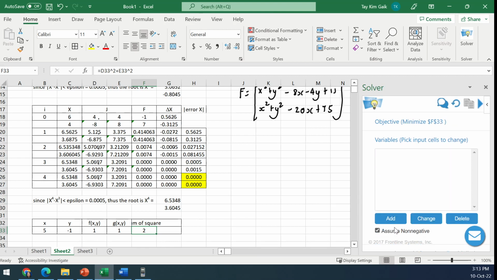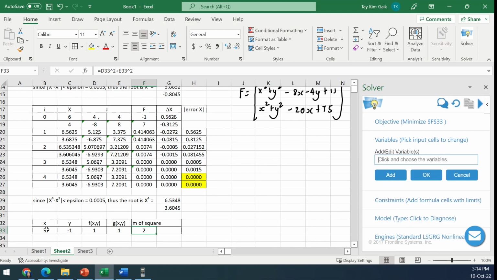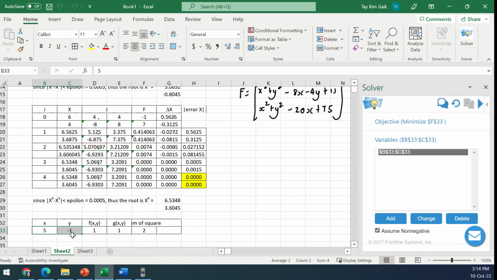For the variable cells, I want x and y to be varied so that the sum of squares becomes 0. So $B$33 up to $C$33: vary the x and y values so that the sum of squares equals 0.